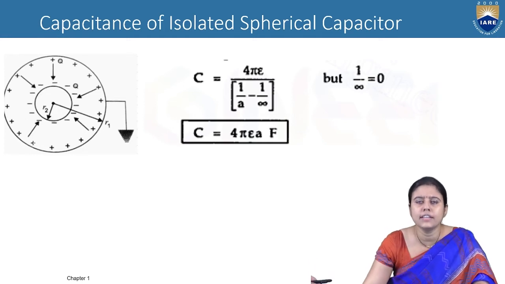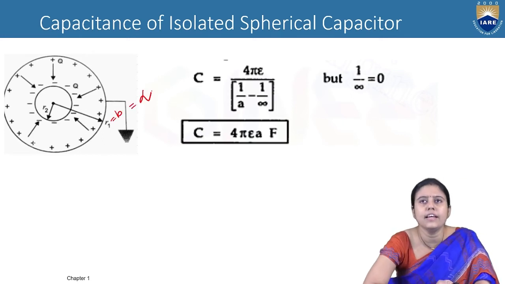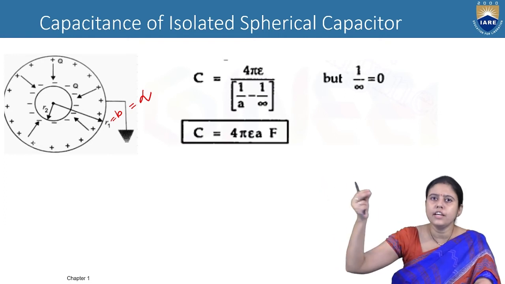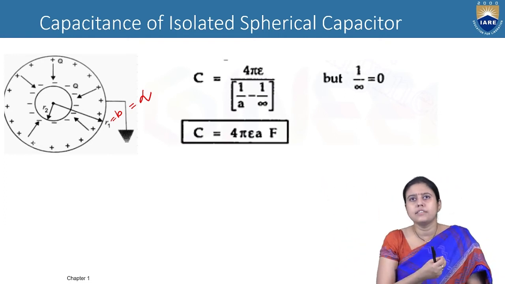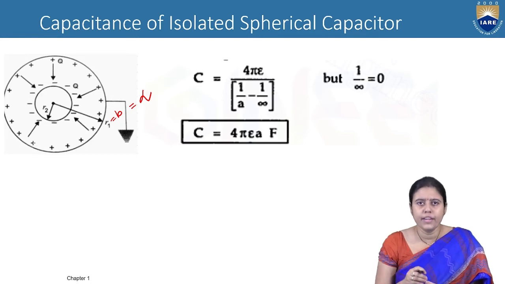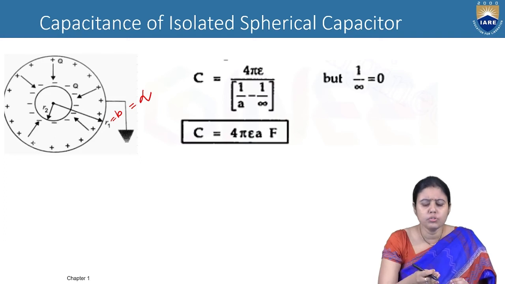So we can think that B is equal to infinity, because according to the definition we are bringing one charge from infinity to the point.